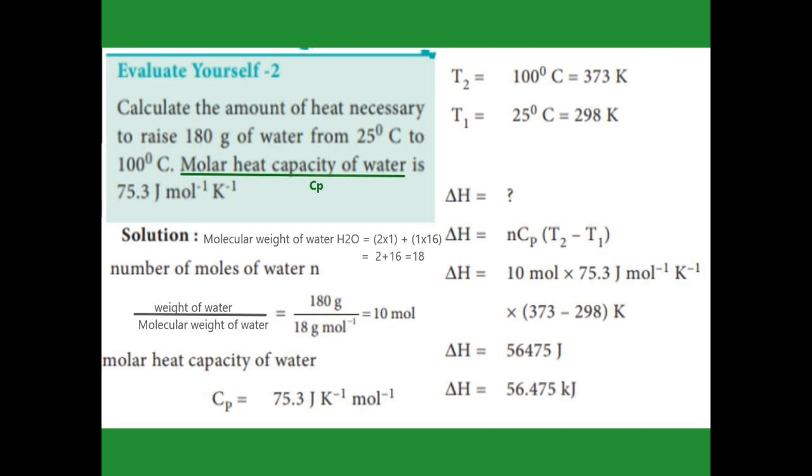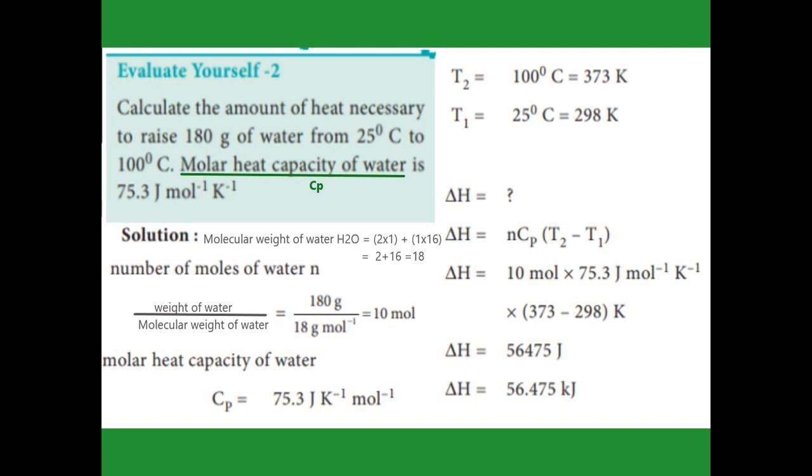The water formula is H2O. H2O means 2 hydrogen, atomic weight of hydrogen is 1, so 2 into 1 plus 1 oxygen, 1 into atomic weight of oxygen 16, so 2 plus 16 we get 18 for the molecular weight of water. Substituting 18, 180 divided by 18 we get 10 moles.